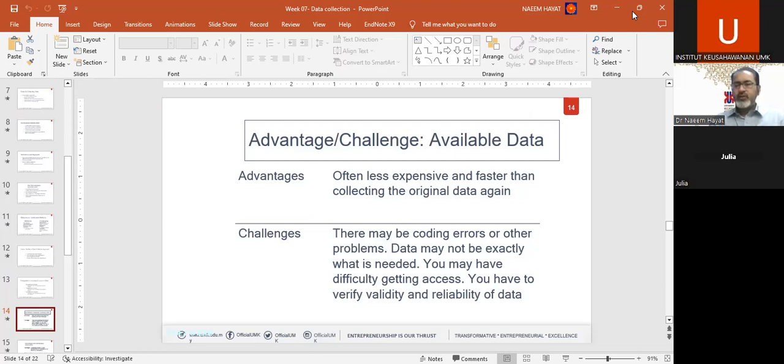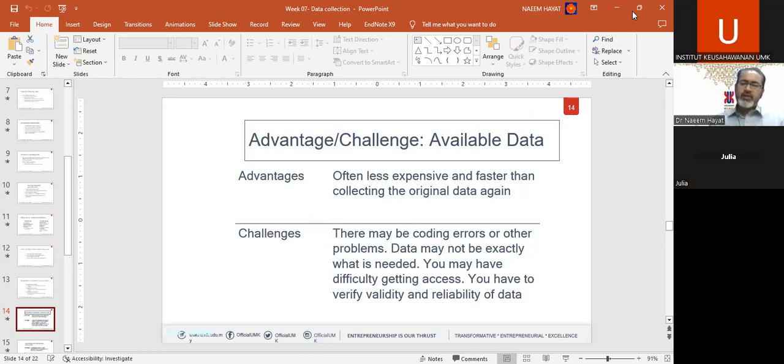The data is collected by some authority, some person, some scholar, and they are not willing to hand it over. But when it is handed over, then the other issues, the coding issue and the meaning issue, are there. You have to verify the validity and reliability of the data beforehand, before actually using the data.